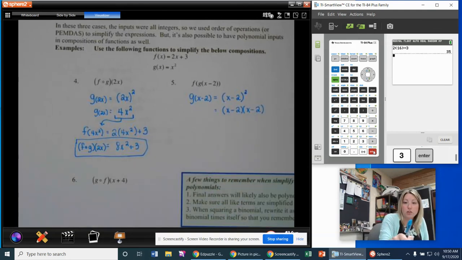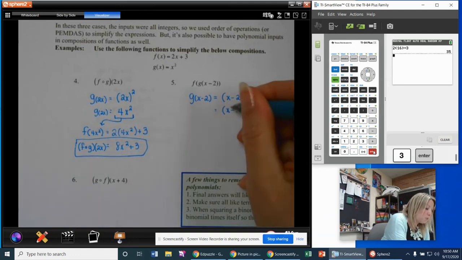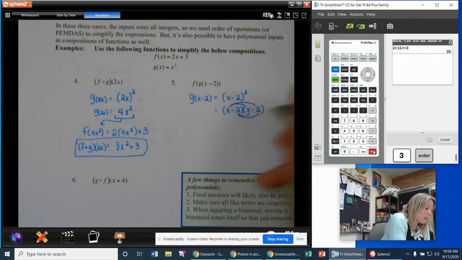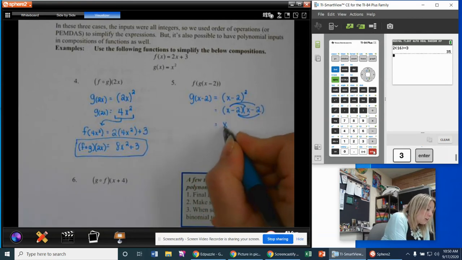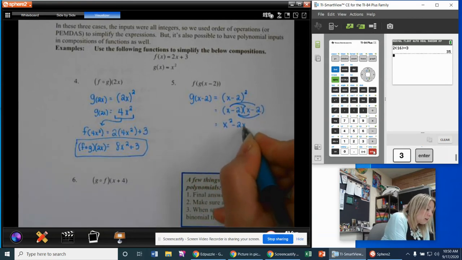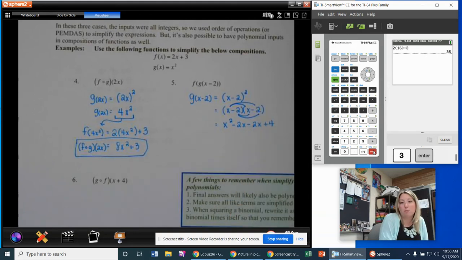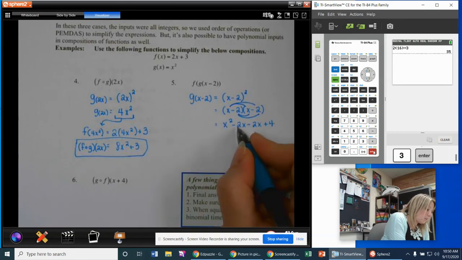Because when you see it in this form, you remember that you're supposed to be FOILing. So this is first, outer, inner, last. You get x squared minus 2x minus 2x plus 4. Negative times negative equals the positive 4 at the end. And combine like terms in the middle.